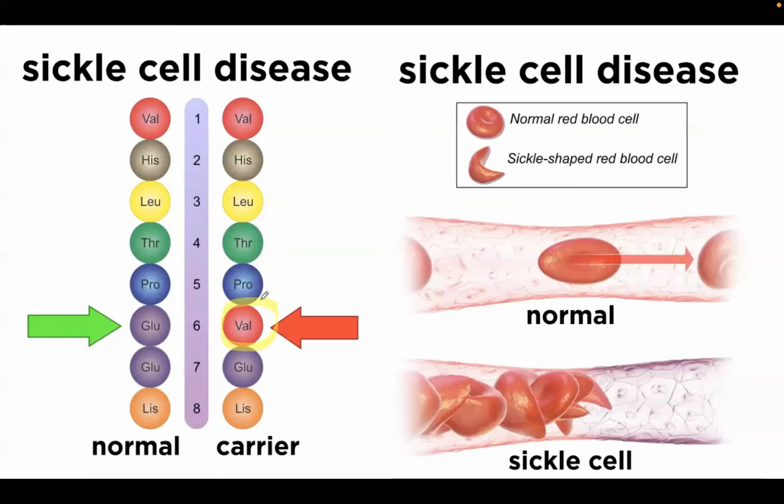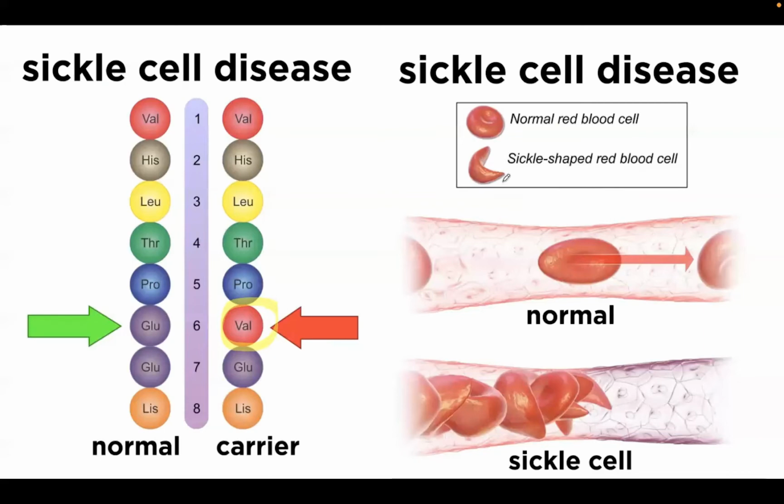Kasi nagkaroon lang ng isang mutation, nagkaroon lang ng isang pagkakamali doon sa isang amino acid, yung isang normal individual, nagkaroon ng mutation sa kanyang isang amino acid, napalitan yung glutamine ng valine, nagkaroon na siya ng sickle cell disease. So that mutation affected the individual, hence yung kanyang cell imbis na biconcave in shape siya, nagkaroon na siya ng sickle cell shape red blood cell.